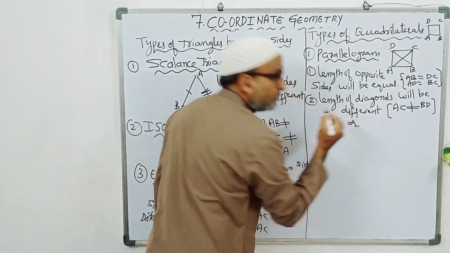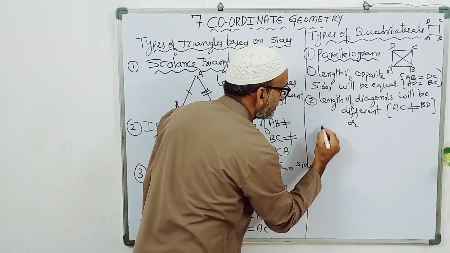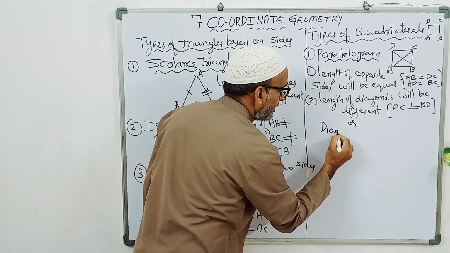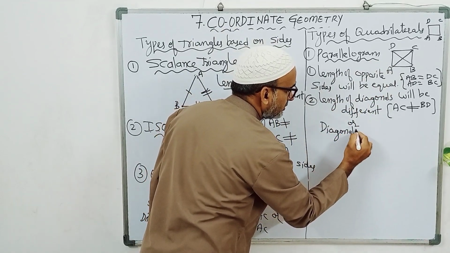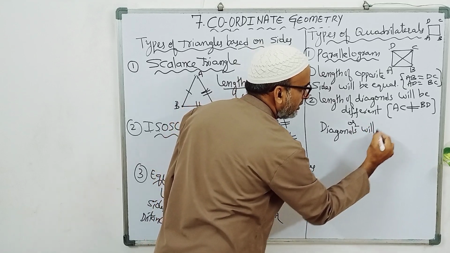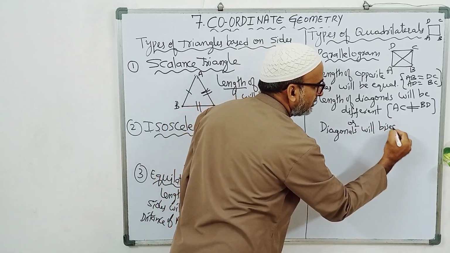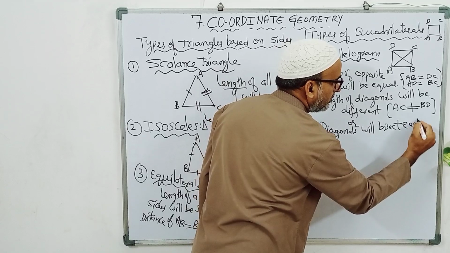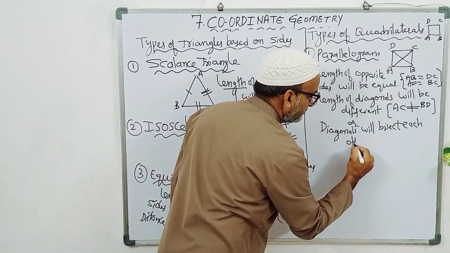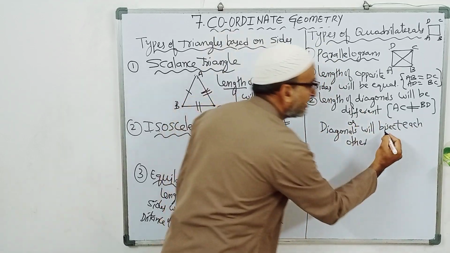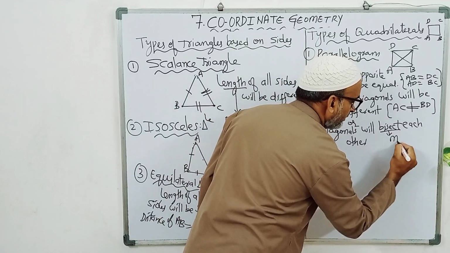Or, the diagonals will bisect each other. What is the meaning of bisect? Means midpoint.